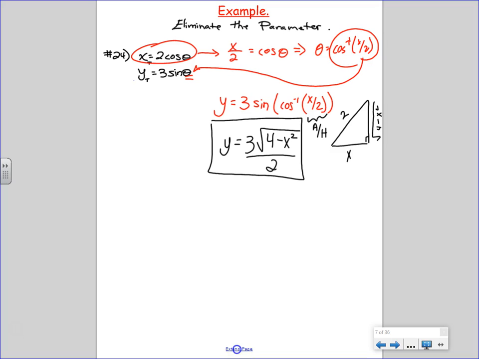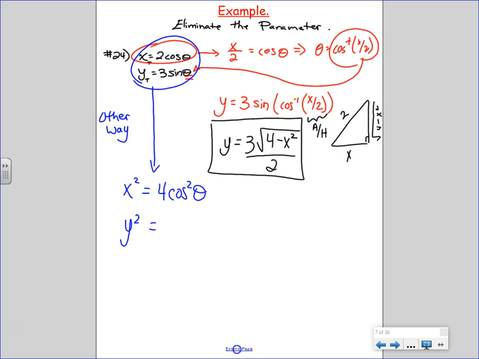So we can say from these equations, here's the other one. Let's see if they match up. We can square the x, and 2 squared is 4. We have a cosine squared. We can do the same thing with y. Ooh, now we have a sine squared.